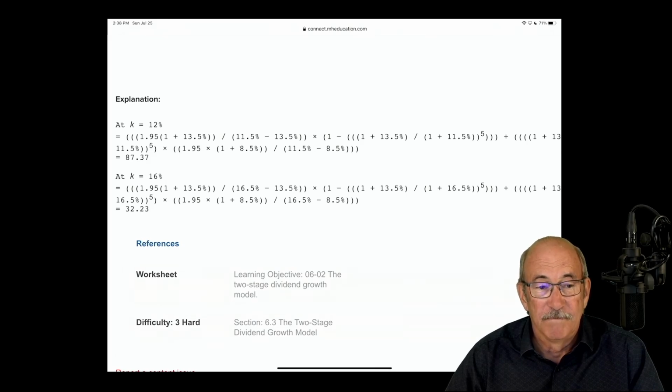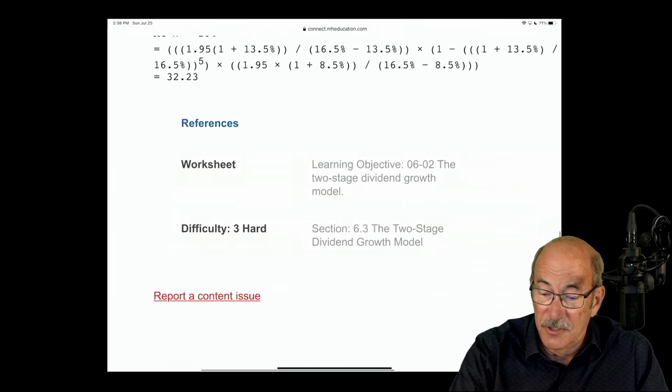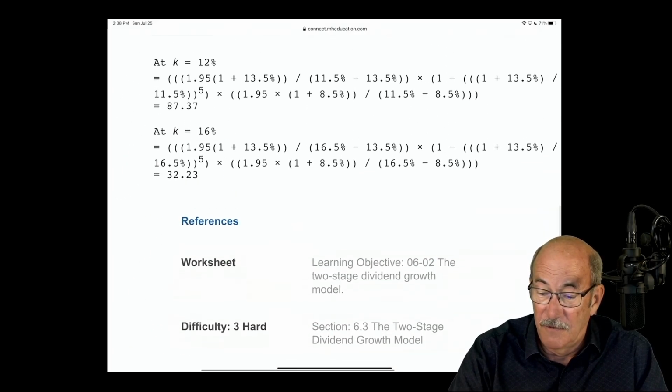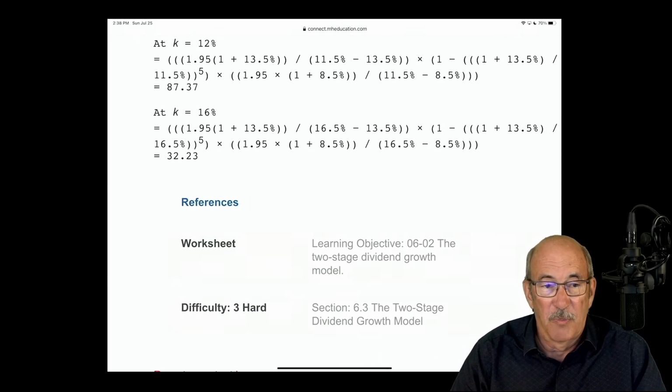I just wanted to make sure there was nothing different between them. No, nothing tricky. The only change is that here we're putting in the 16.5K instead of the 11.5K. And that just goes throughout the entire problem. Thank you. You're welcome.